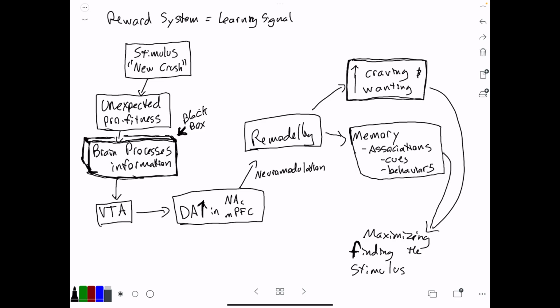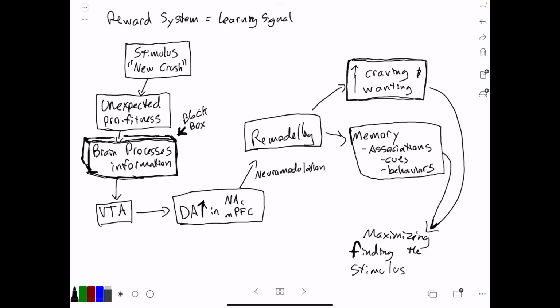The interaction with the person was the stimulus. The flirtatious first meeting is the stimulus that the brain is seeking again, and remodeling so that it's more likely to find this again.